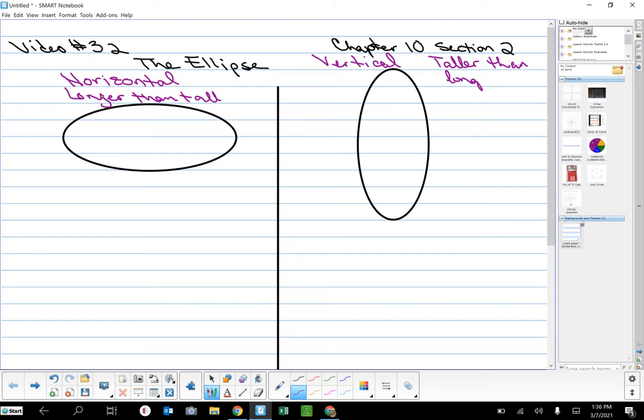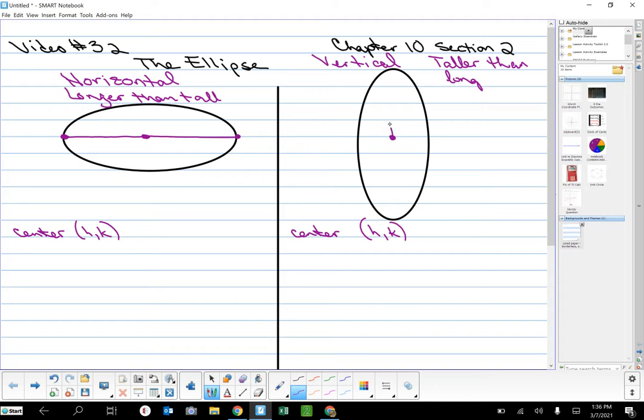Okay, so there's a couple of things you need to know. Obviously, they have a center, and that center for both of them is going to be at the point (h, k), just like a circle. They both have something called the major axis, and the major axis goes from the center to the endpoints of the longest part of the axis.